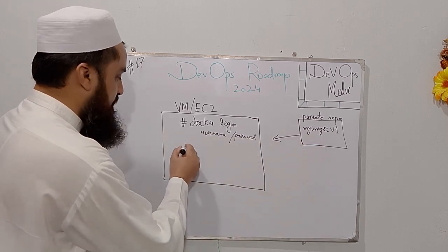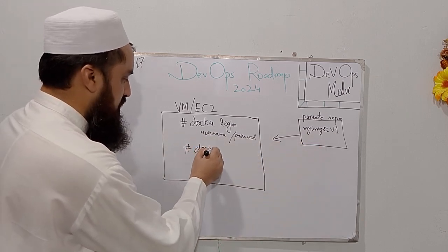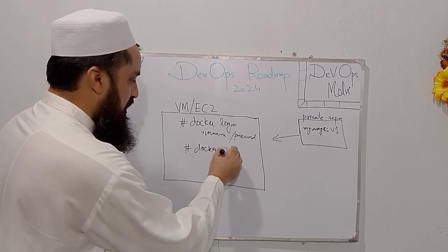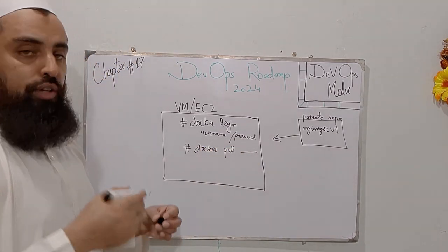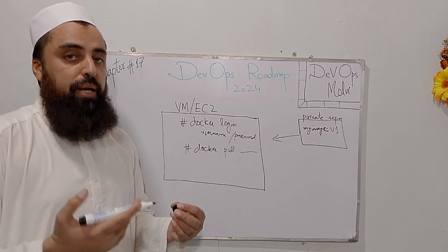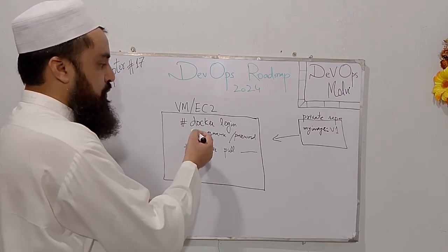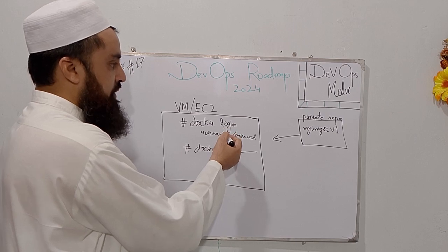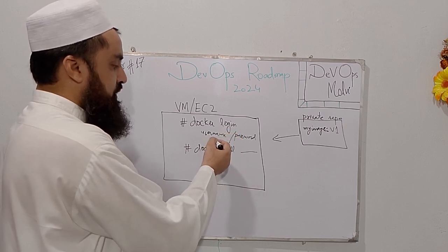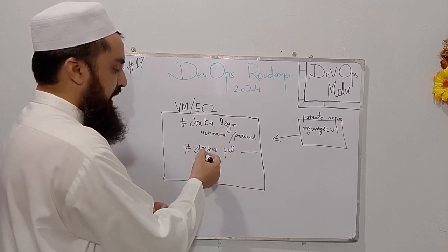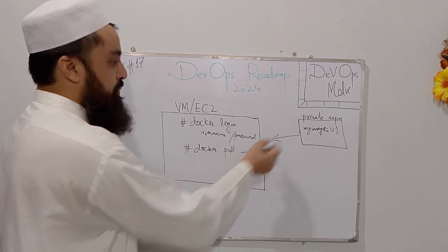So I can run docker pull and my image, and I don't have to give the username and password again and again. So that's how, guys. First we need to log in, then I give the username and password, and then I can run the docker pull command.